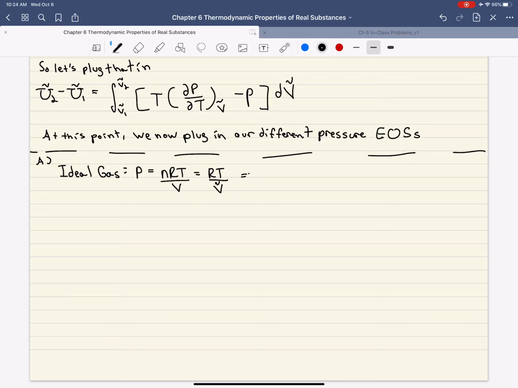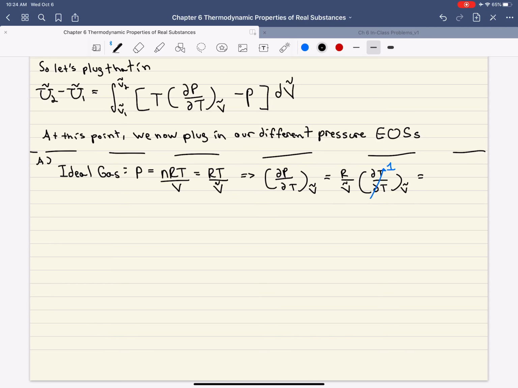And so, if we took the partial derivative of the ideal gas law with respect to temperature, what we would get is dT over dT at constant V, and this is just 1.